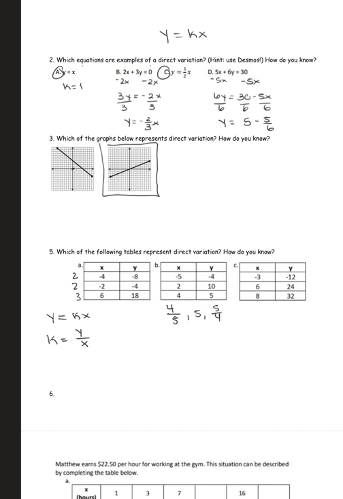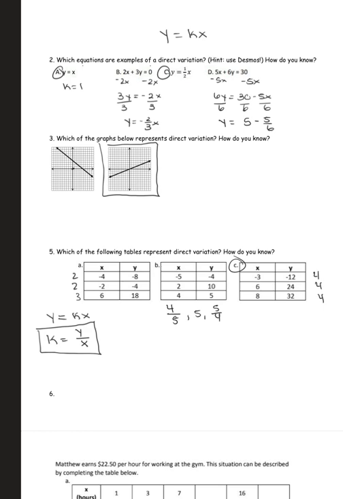All right, so let's take a look at C. So we have -12 divided by -3, which gives us 4. We have 24 divided by 6, which gives us 4. And 32 divided by 8, which gives us 4. Okay, so the only thing I did was I solved my equation for k, and I put my y values over my x values.